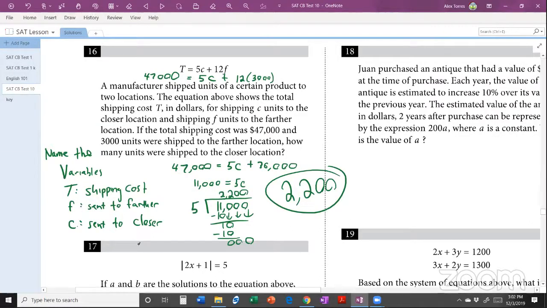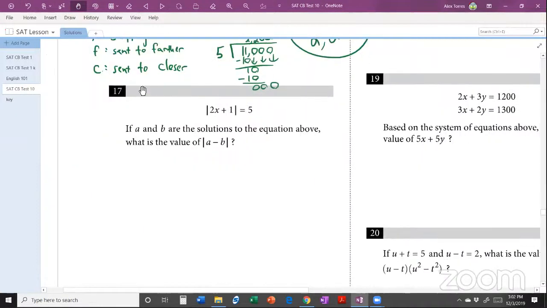So now we're going to number 17. A and B are the solutions. What's the value of the absolute value of A minus B? So a lot of moving parts here, but we do need to know that in a situation like this, we have the two scenarios.